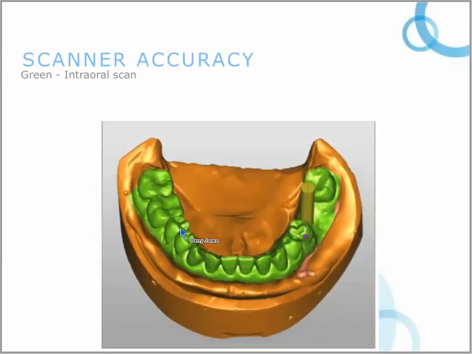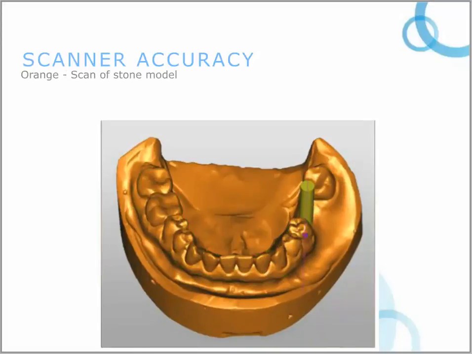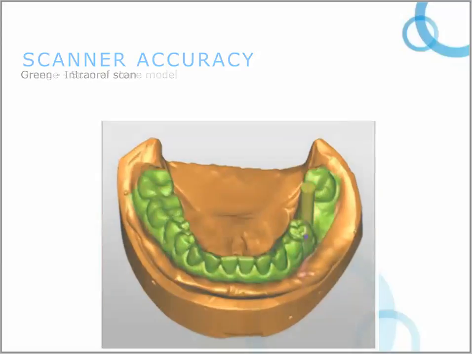You can see this very high detail in the occlusal portion. The green is a digital representation of the exact same thing. So here you can see how inaccurate it looks to see the occlusal in the stone model, and how highly accurate is the digital scan.